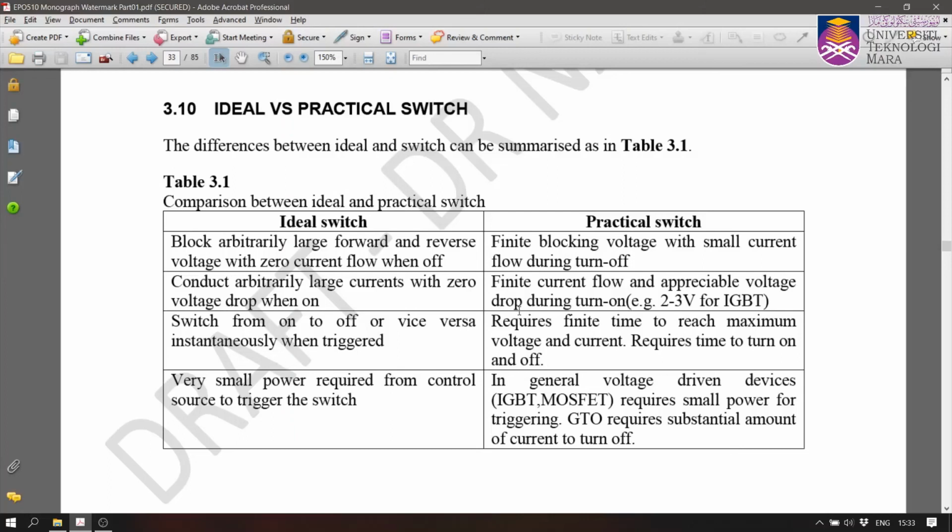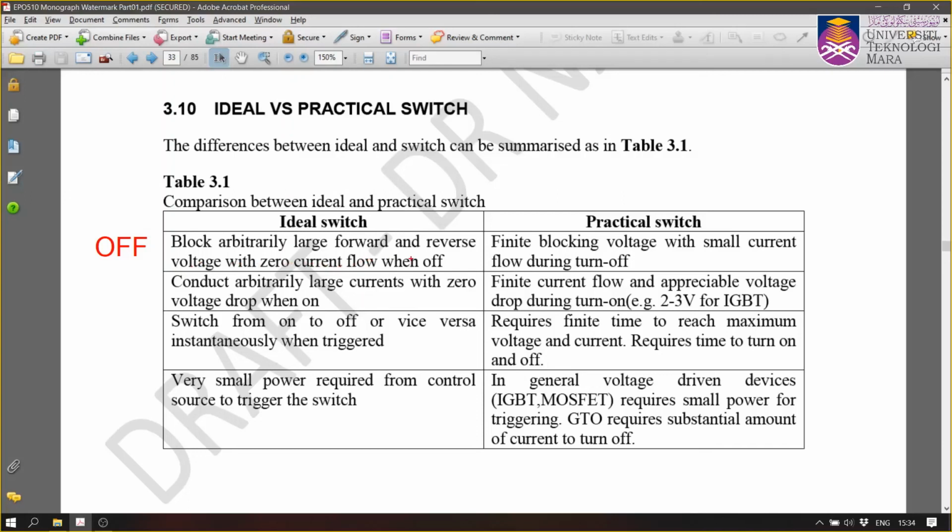For the ideal switch, it blocks arbitrarily large forward and reverse voltage with zero current flow when off.